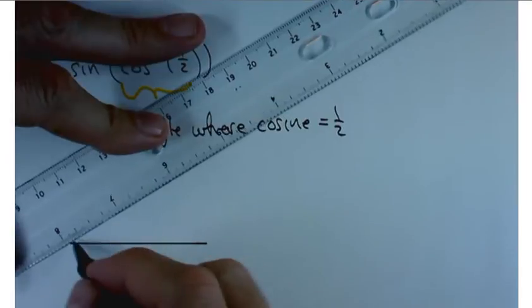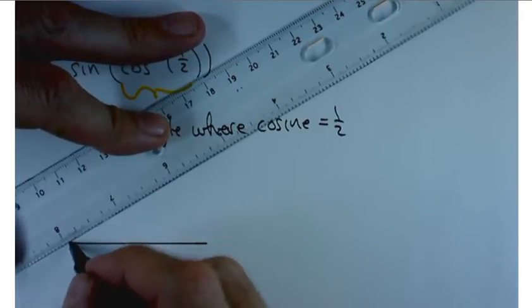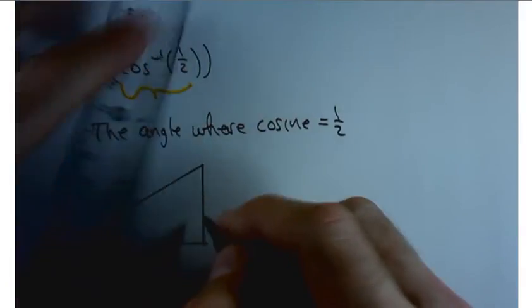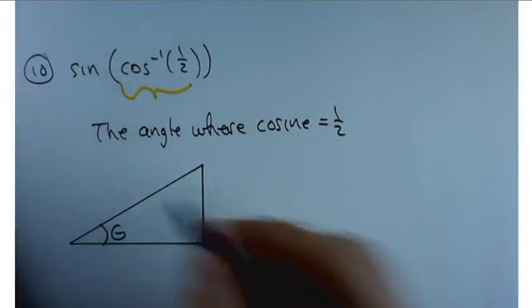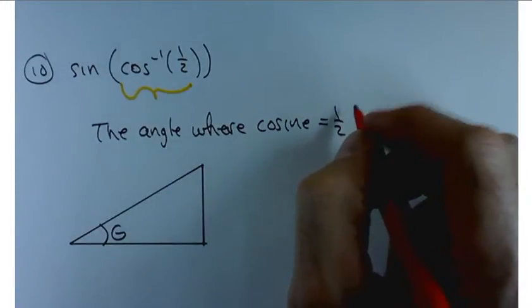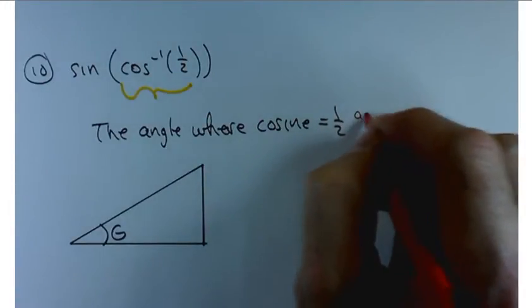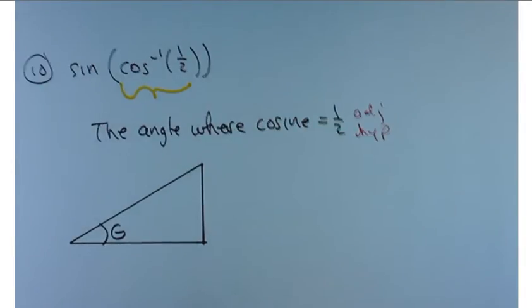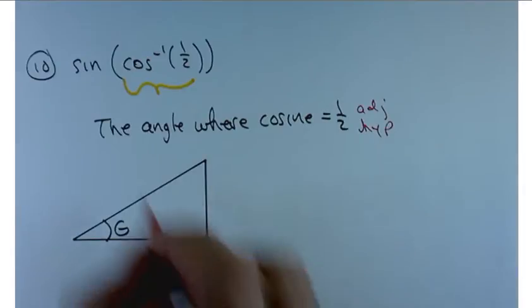I'm not going to try and draw it with great finesse. I'm just going to draw myself a little triangle here. And there's theta. Now, because I have a nice fraction here, cosine was the adjacent side over the hypotenuse, right? So that would be a 1 and a 2.